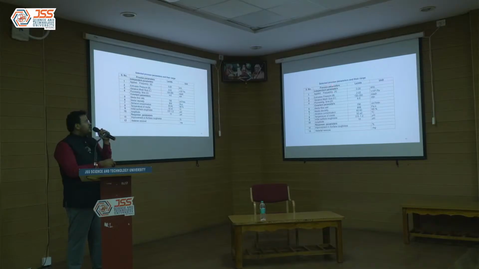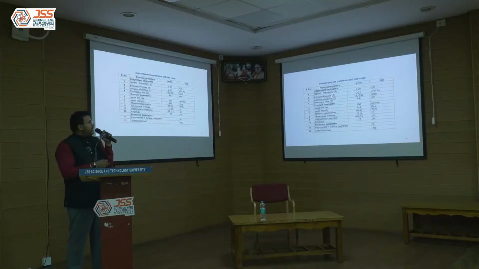Yeah. So coming to the selected process parameters and their ranges. It is very important to choose the levels and the ranges before we go to the main experiments. While performing the experiment, we observed the applied ultrasonic frequency of 0 to 20 kilohertz, and you can go beyond that if your ultrasonic transducer permits.